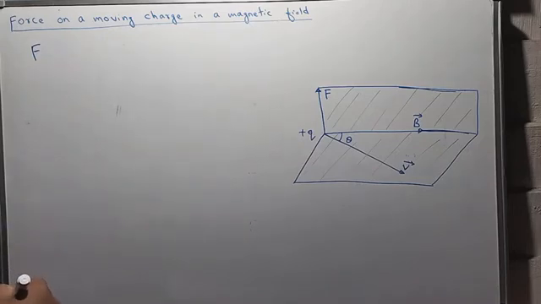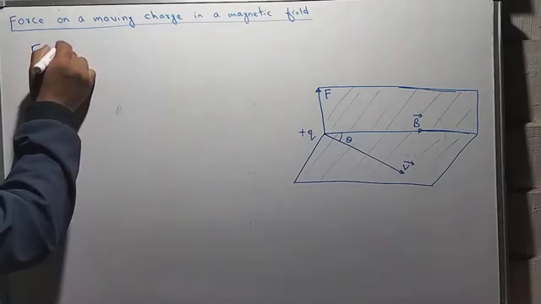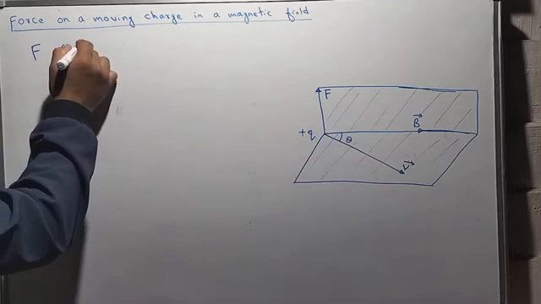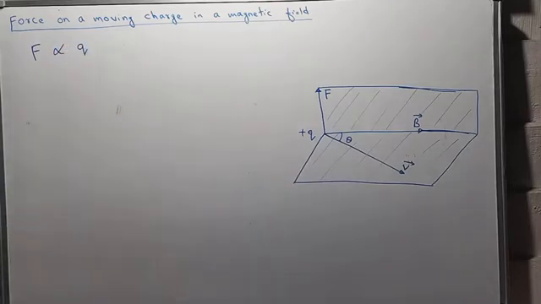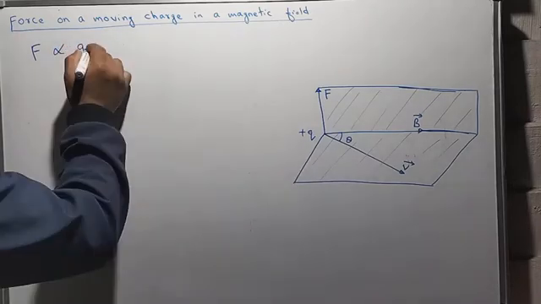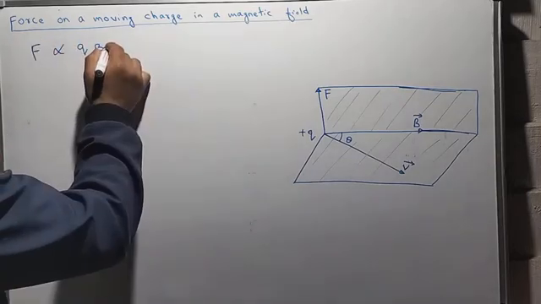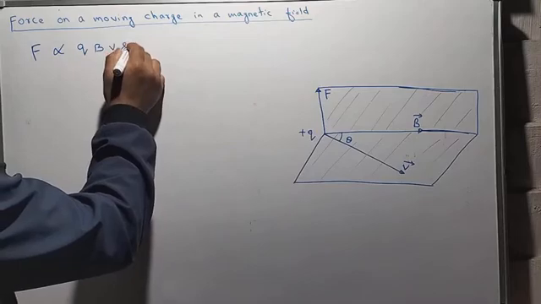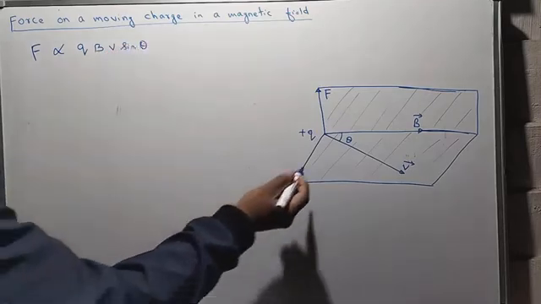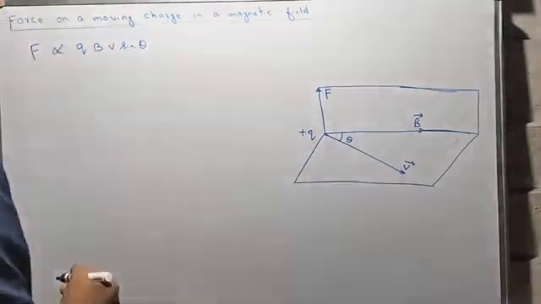And it has been found that this magnetic force is directly proportional to the amount of charge which is passing through the field, the strength of the magnetic field B, and the vertical component of this velocity.